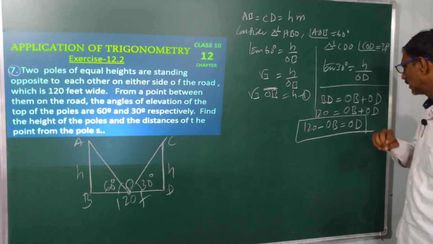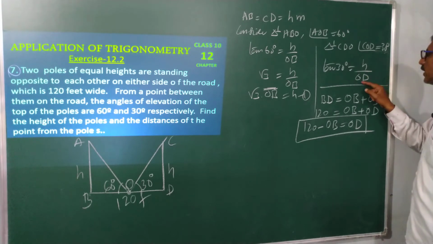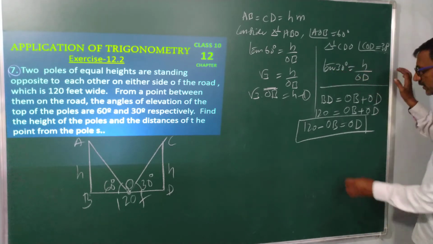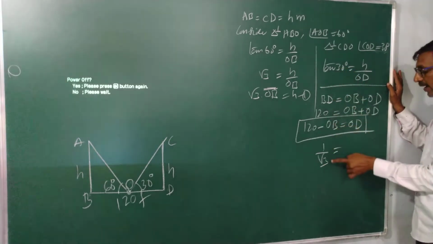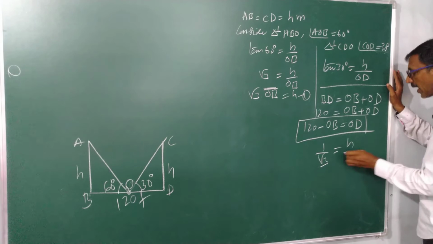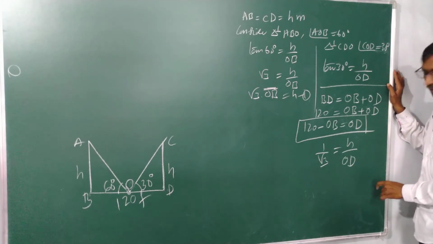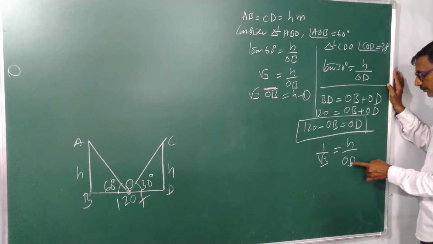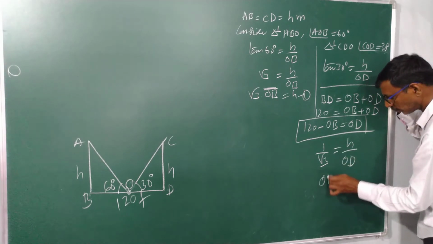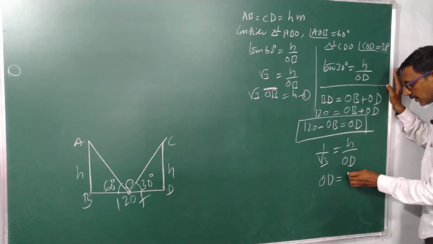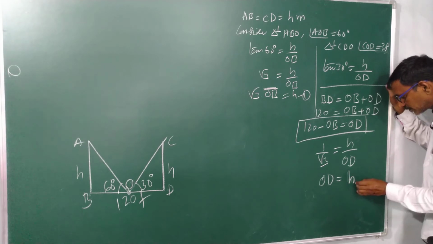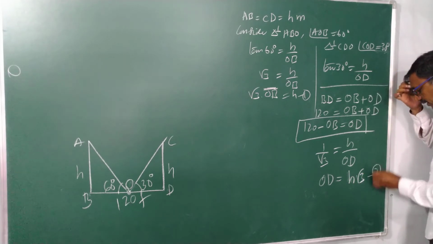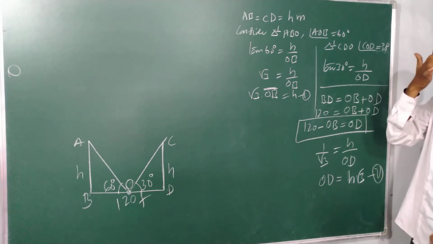Now coming to this one. Tan 30 degrees is nothing but 1 by root 3, and H by OD. By cross multiplication, OD equals H root 3. This is my equation 2.